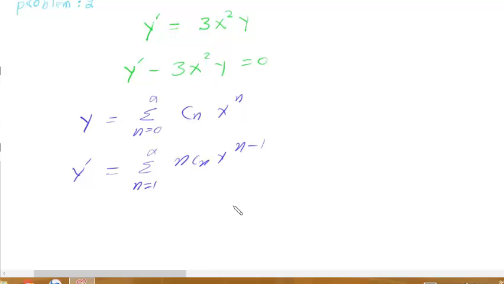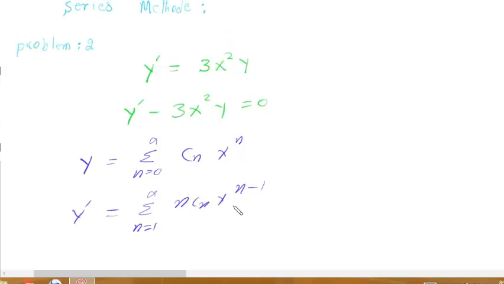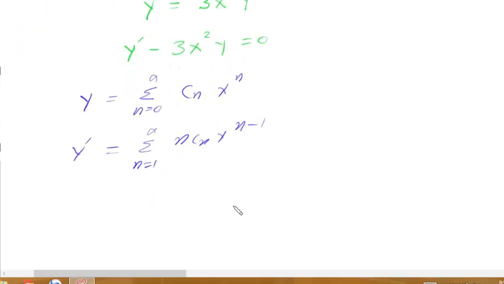So we get the summation from n = 1 to infinity of n cₙ xⁿ⁻¹ minus 3 times the summation, with x² also here, from n = 0 to infinity of cₙ xⁿ, equal to 0.